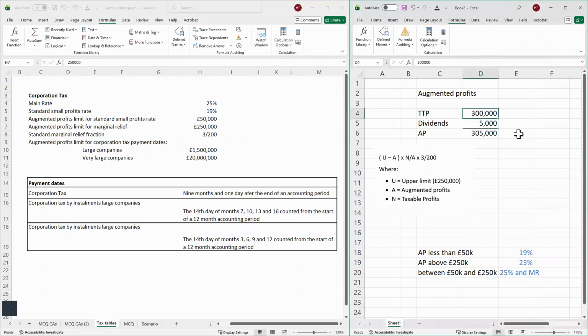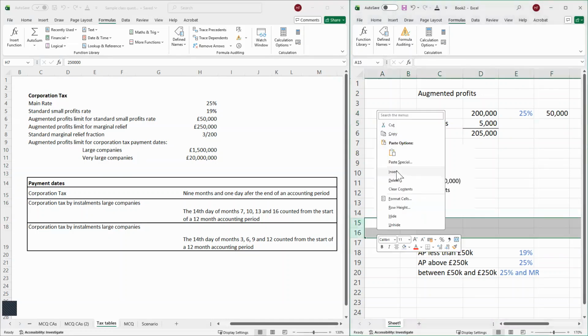So let's assume now that we have total taxable profits of £200,000 and dividends of £5,000. So our augmented profits are now £205,000. Taxable profits will first be taxed at 25%, but then we can deduct some marginal relief. So we'll tax the profits at 25%, which is £50,000. We need to work out now what the marginal relief is.